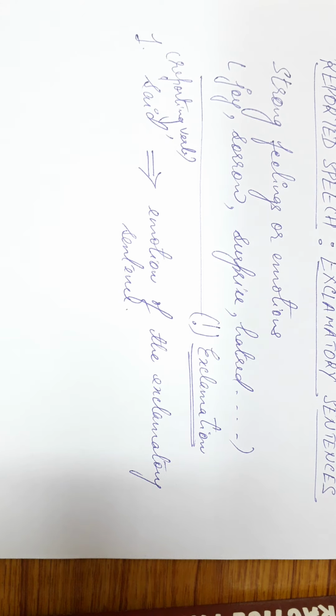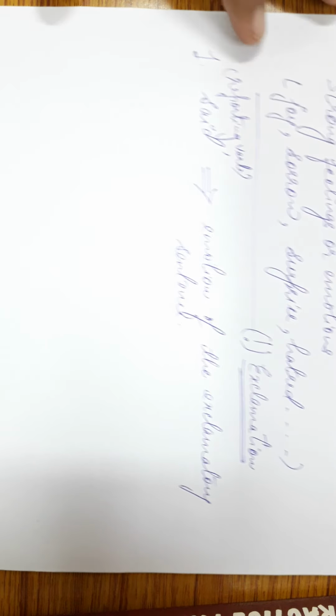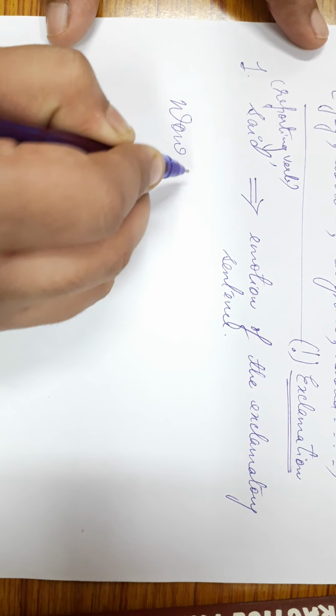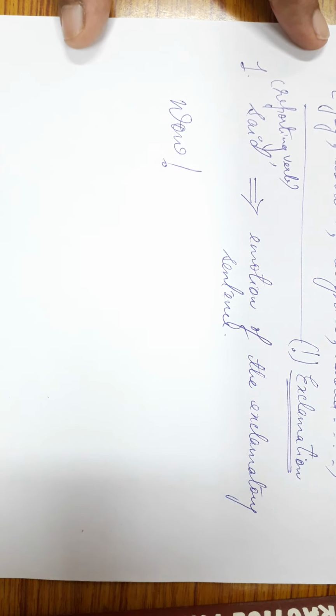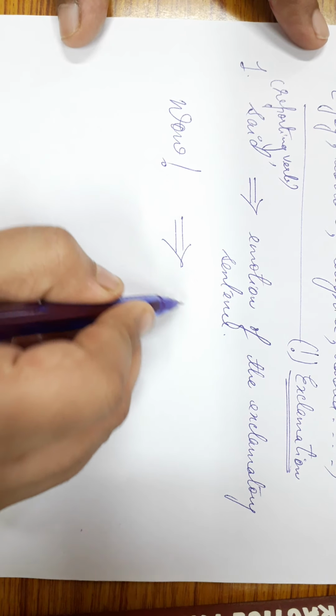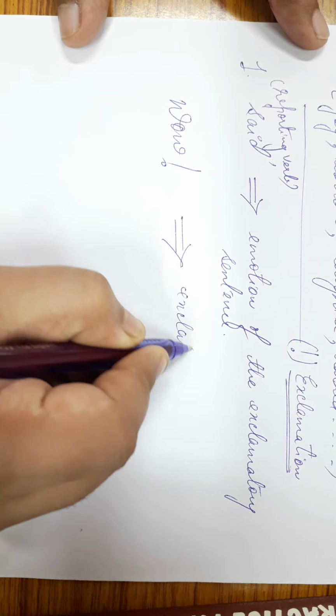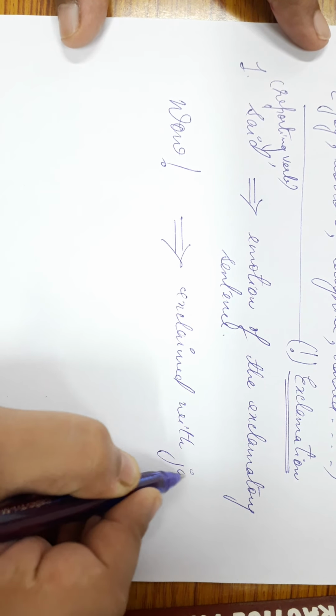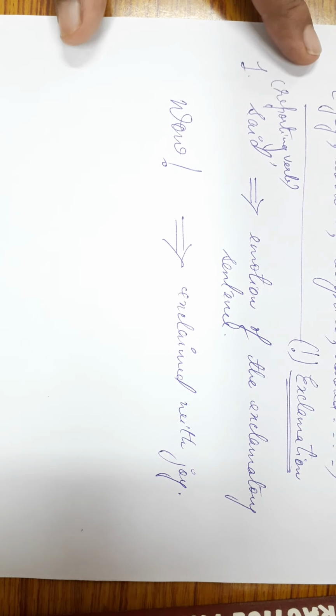Now, there are certain standard exclamatory words which are replaced, that is, said is replaced with those exclamatory words. Like, suppose if we have the exclamatory word wow, then in the indirect speech it gets converted into exclaimed with joy.